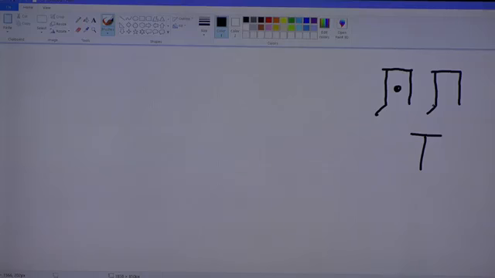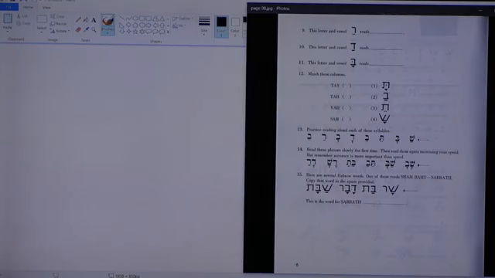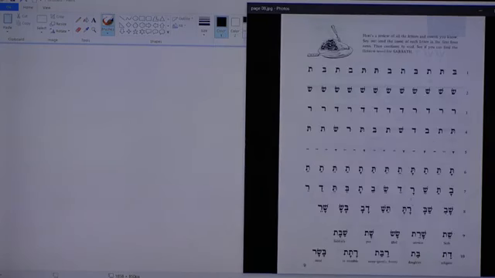So, there's a bunch of exercises in drawing a Tav, and then you get to make some shins and Tavs and bets and ratios, and you go over to the next page, and you got the same thing. Oh boy, we're having a good time. And then you get to my favorite page.